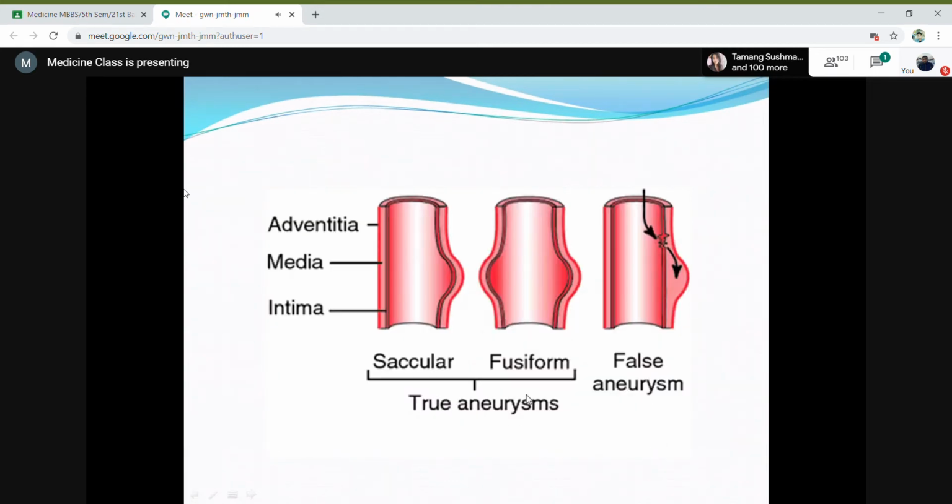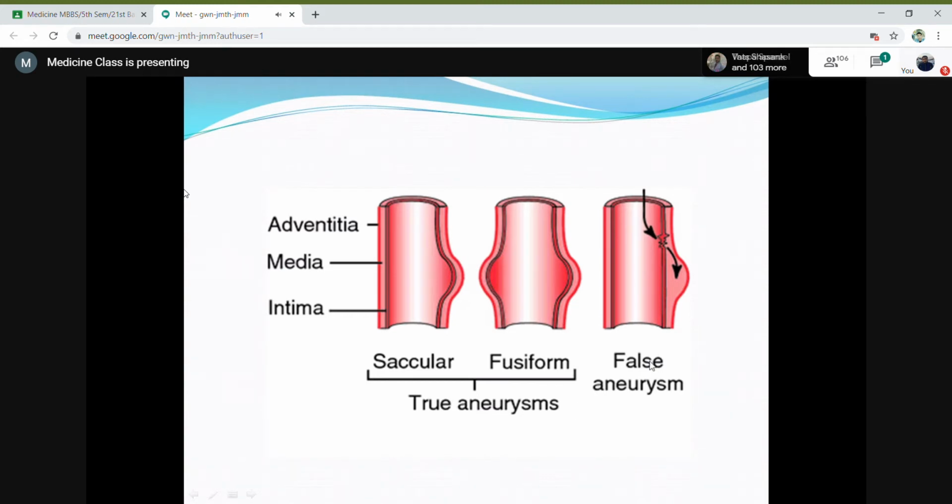Now saccular and fusiform aneurysm. As we have said, if the partial circumference of the vessel is involved, it causes a saccular aneurysm. And if the entire circumference of the vessel is involved, then it causes a fusiform aneurysm. These are under true aneurysm.